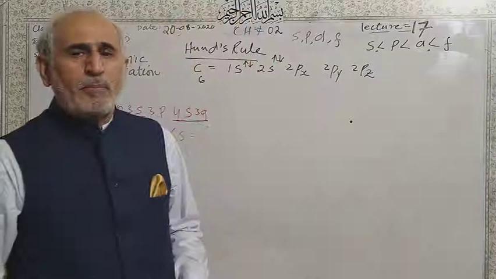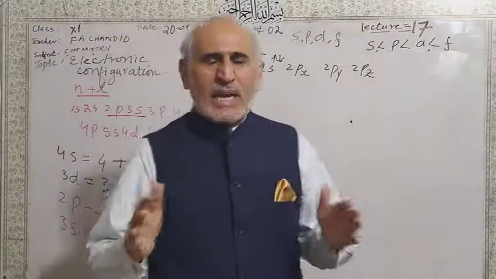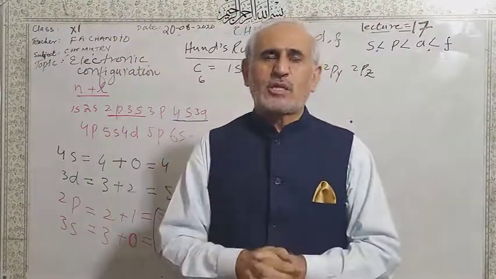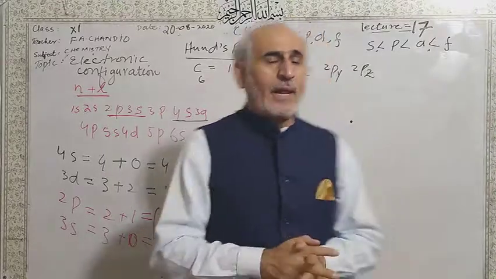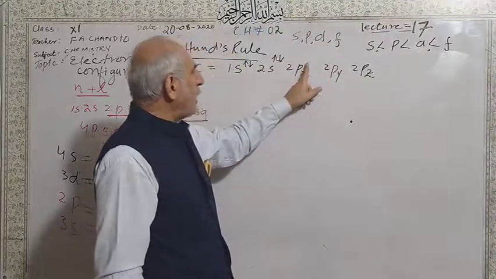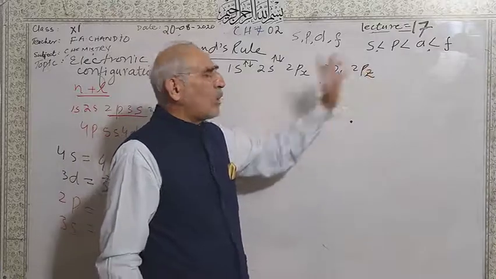Dear students, p can hold a total of 6 electrons. It means 2 can be accommodated here, 2 here, and 2 here.